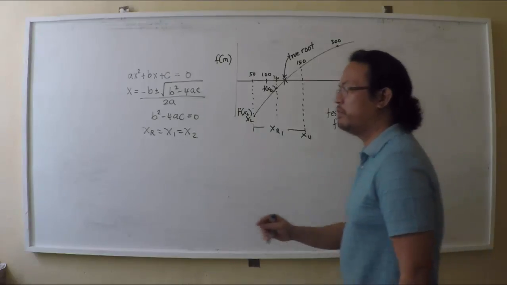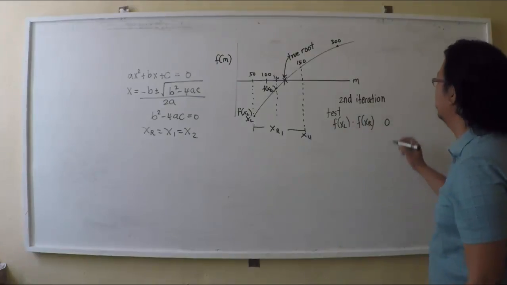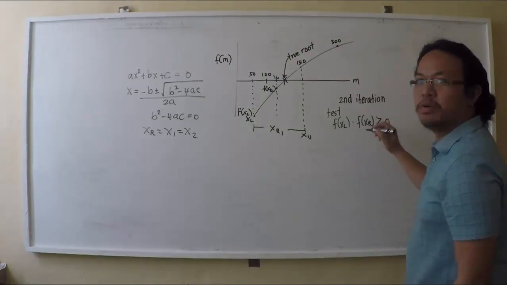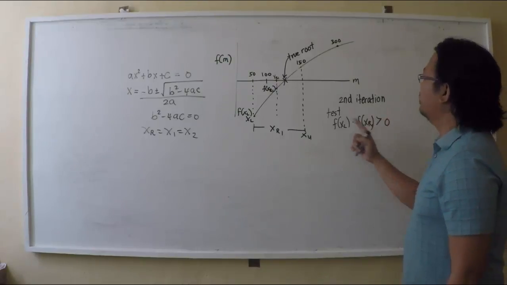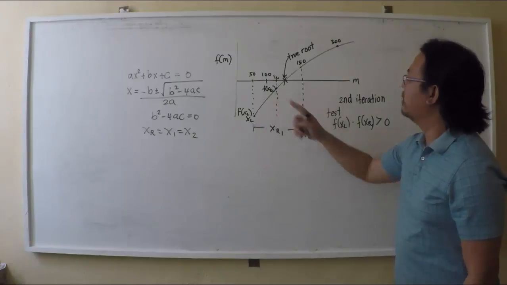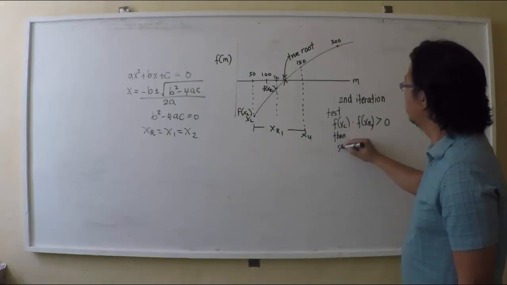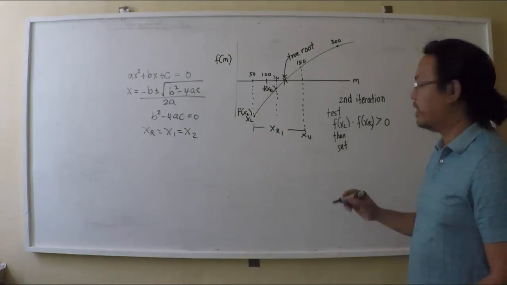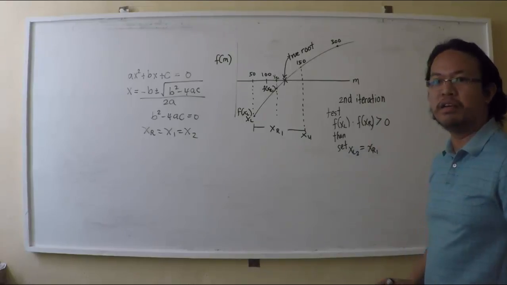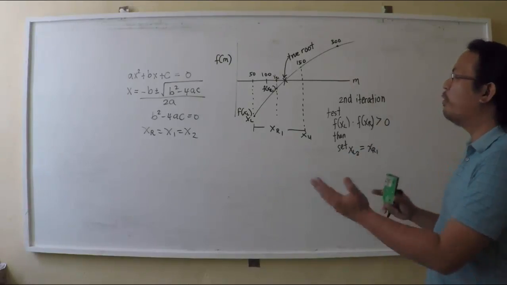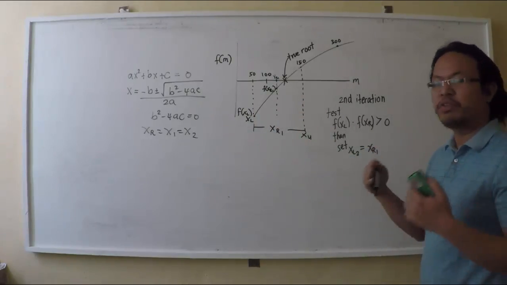So if it is greater than 0, negative times negative, then you set xl2, the next one, equal to xr1, meaning the new lower boundary should be changed here. And then after that, you compute again.